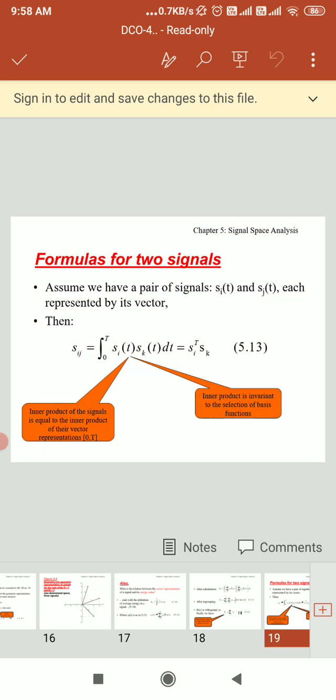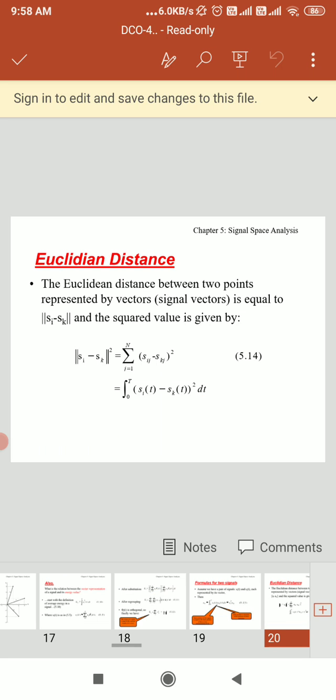So the inner product of signals is equal to the inner product of their vector representations, and the inner product is invariant to the selection of the basis functions.